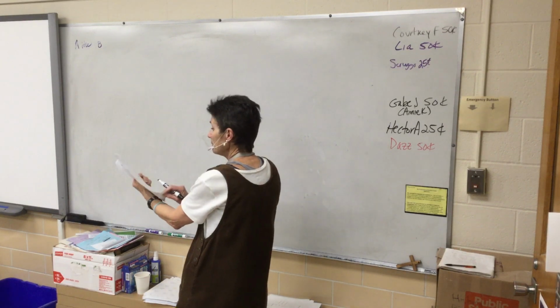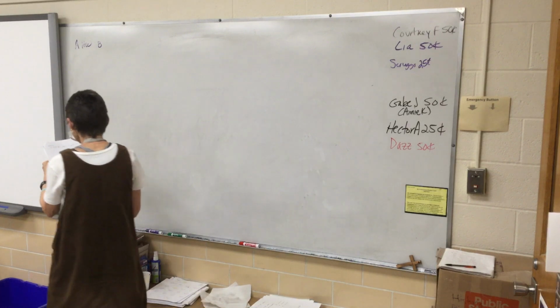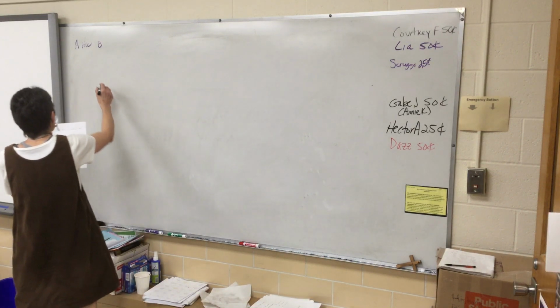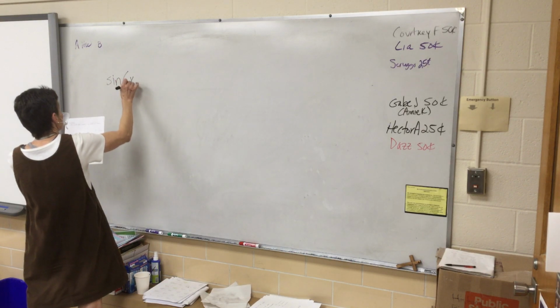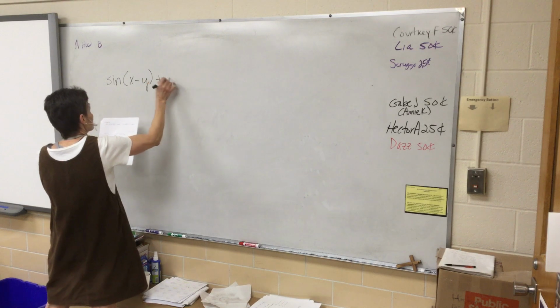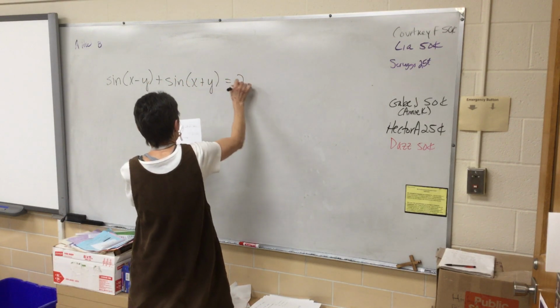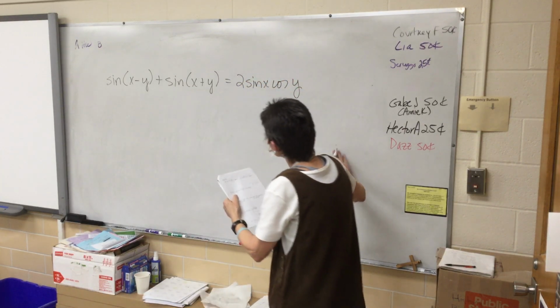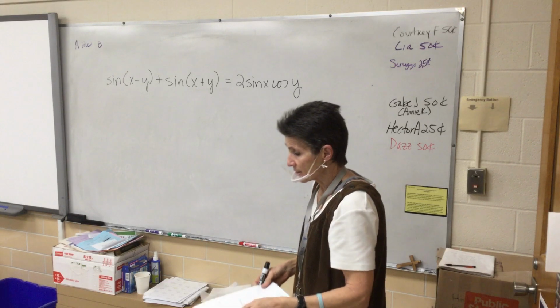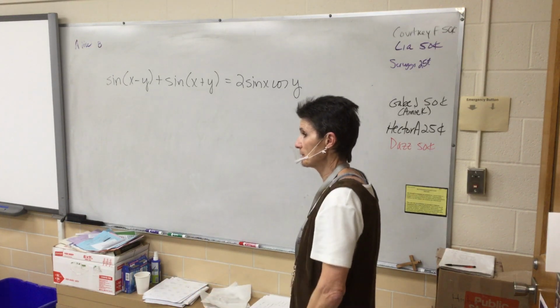I am, in my notes, in 5.3, and I am on problem C. All right, so you got your colored sheet out because you don't have the identities memorized for this one.